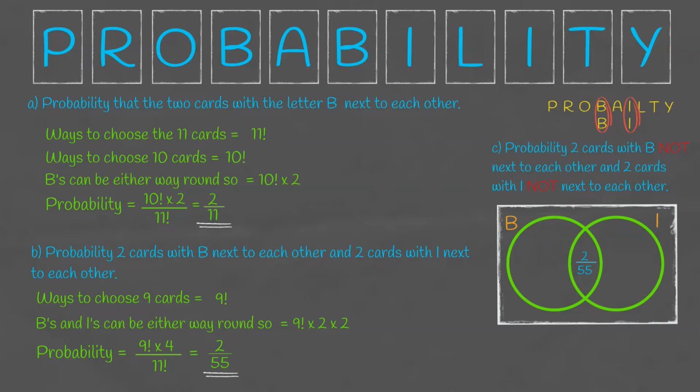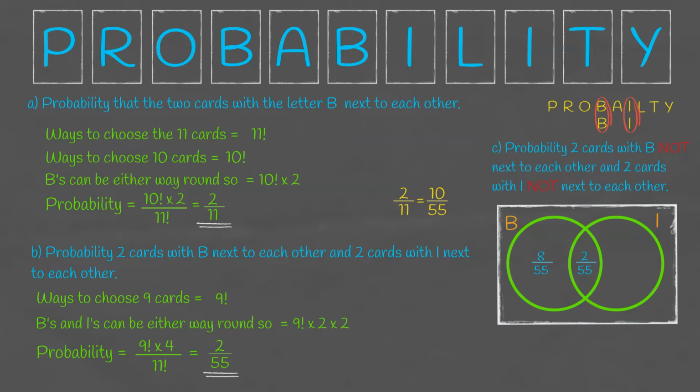And we know that the probability that just the B's are together is 2 over 11. So first we need to change it so it has the same denominator, which is 10 over 55. So if we know that the 10 over 55 is for the entire circle, then we just subtract the small portion that overlaps, 2 over 55, from it. So we know that we have 8 over 55 in this section.